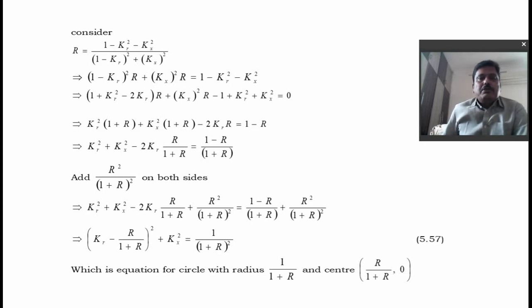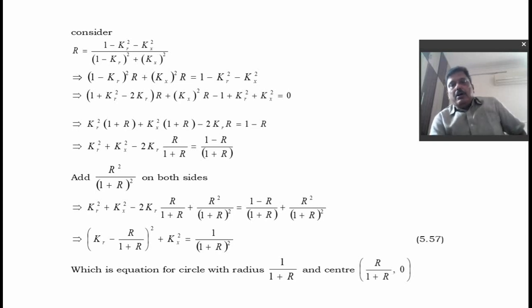Add r square by (1 plus r) whole square on both sides. We get (kr minus r by (1 plus r)) whole square plus kx square equals 1 by (1 plus r) whole square, which is the equation of a circle with radius 1 by (1 plus r) and center (r by (1 plus r), 0).